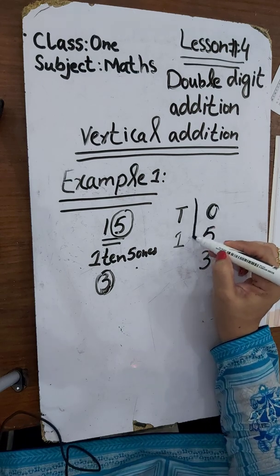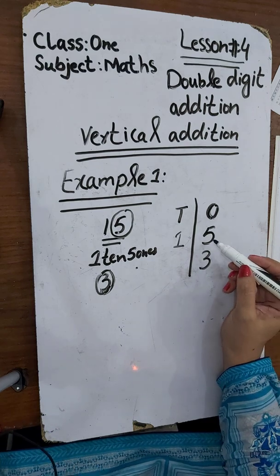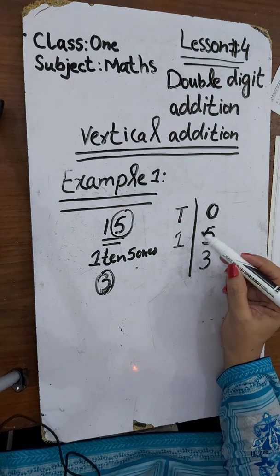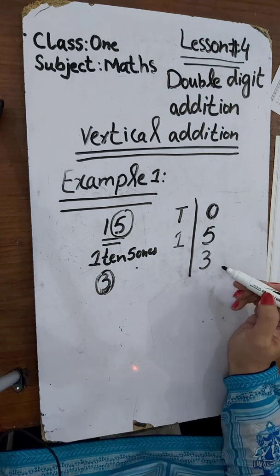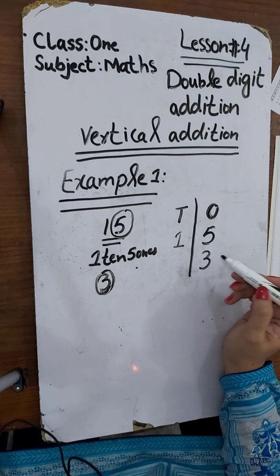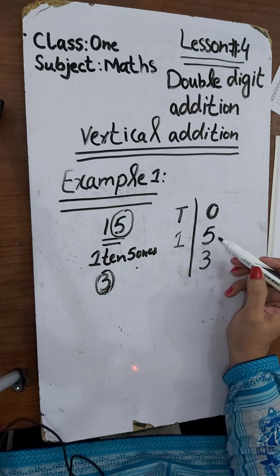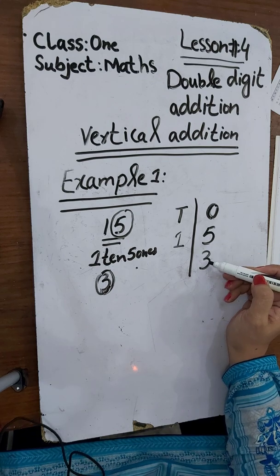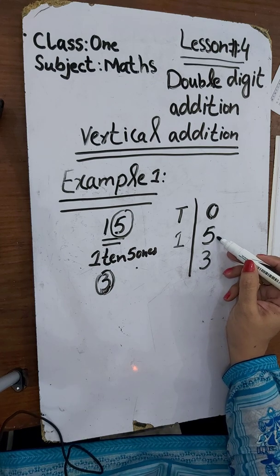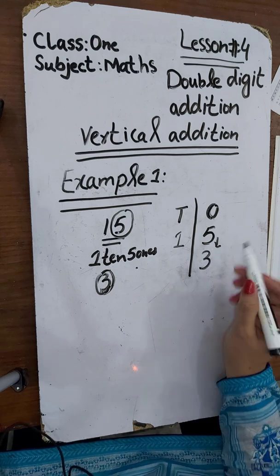This column is ones. Okay students, you will carefully write these numbers. To write double digit numbers, alignment is very important. When you write 5, then 3, the 3 must be below this 5, under this 5.